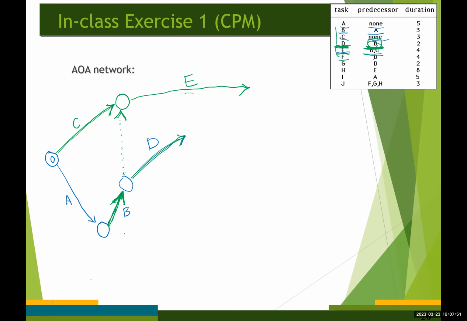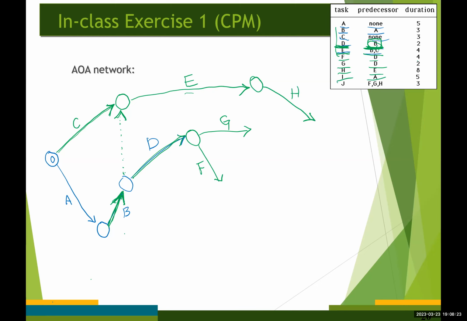Now F has one predecessor, which is D, so I'm going to draw F down here. And G has one predecessor, which is D, so let me draw G up here. And H has one predecessor, which is E, so I'm going to have H up here.